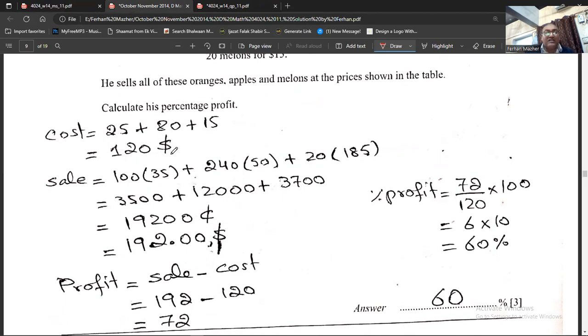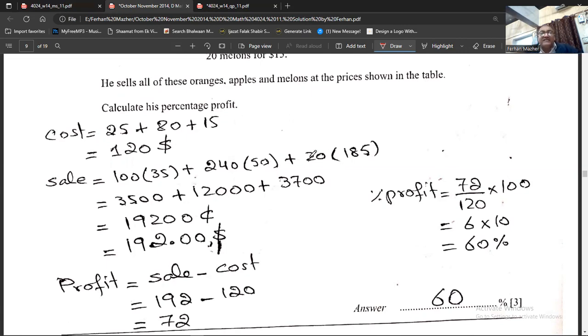That's $120. The sale is 100 oranges, and the sale price of 1 orange is 35 cents, plus 240 cents for 1 kg, and he's going to sell 50 kg. So 240 into 50 is the sale of the apples, and $1.85 or 185 cents for 1 melon.